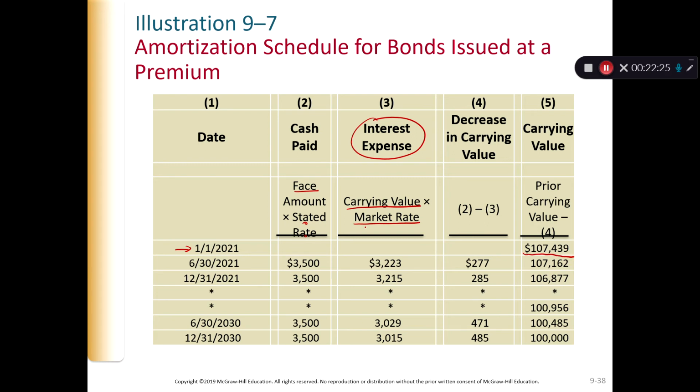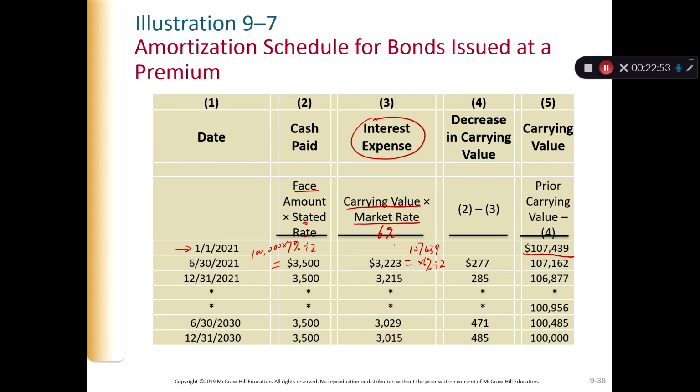If you multiply by the market rate of 6%, you get 3,223. So it's specifically 107,439 multiplied by 6% and divided by 2. You will get this number. And the face amount multiplied by the stated rate is $100,000 multiplied by 7% divided by 2 equals 3,500.